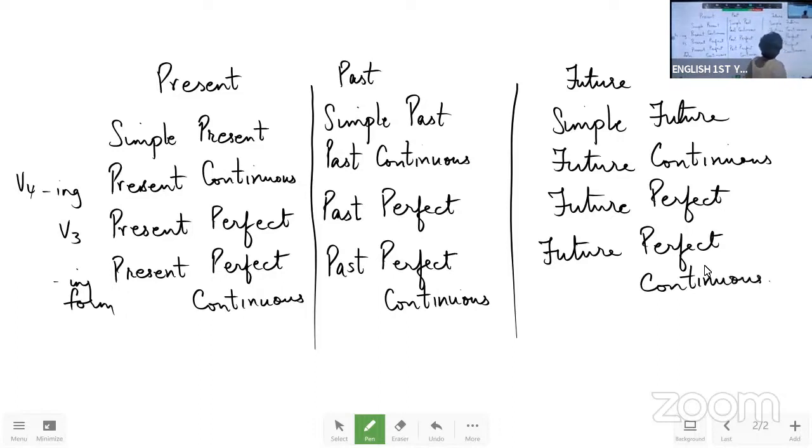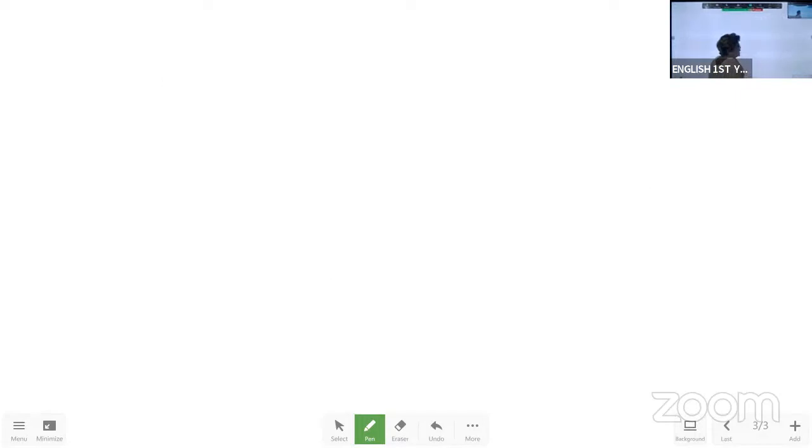Now, if you know the table, it is very easy for you to continue. Like simple present. V1, I've told you, V1 is the base form of the verb in singular as well as plural.